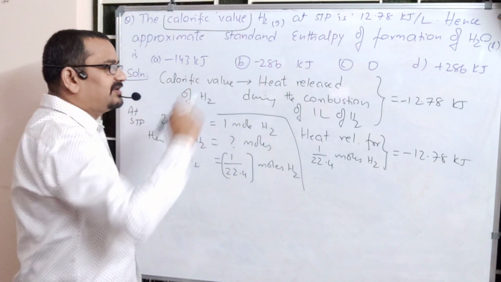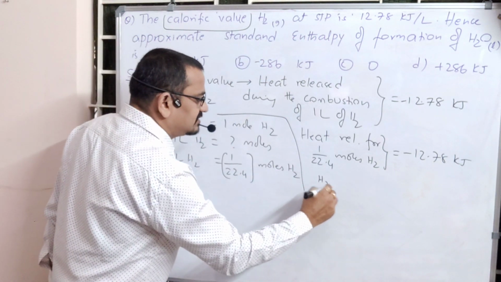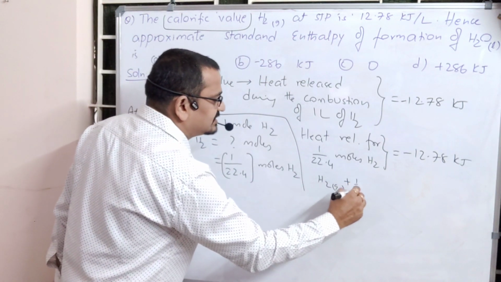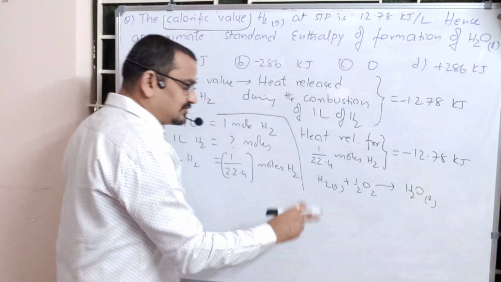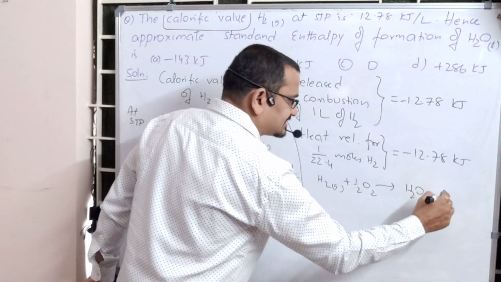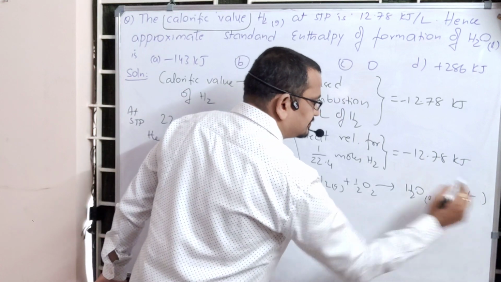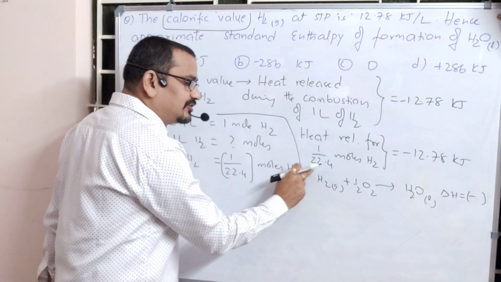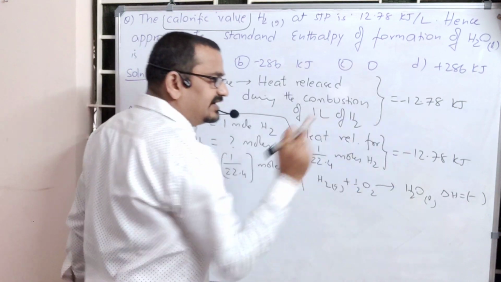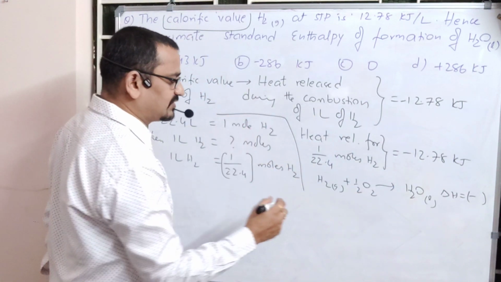Now enthalpy of formation of H2O means 1 mole of H2 is subjected to combustion to give 1 mole of H2O liquid. So during this process, what is the heat released?